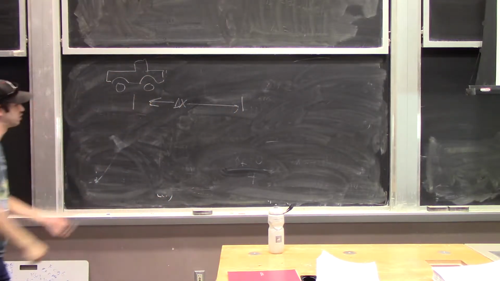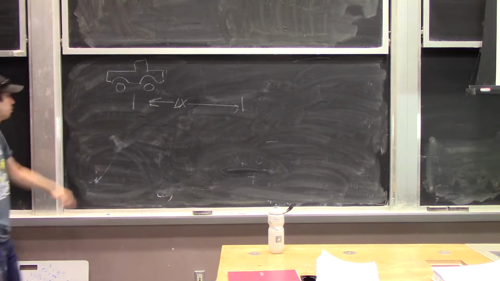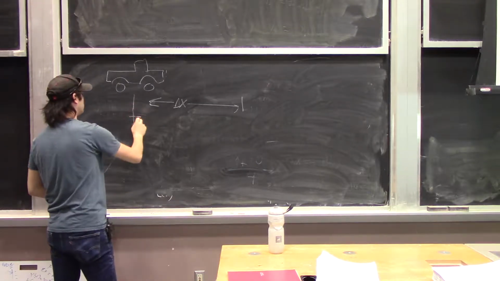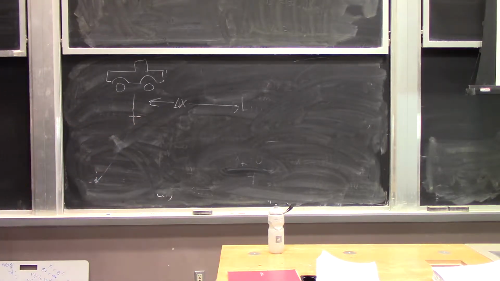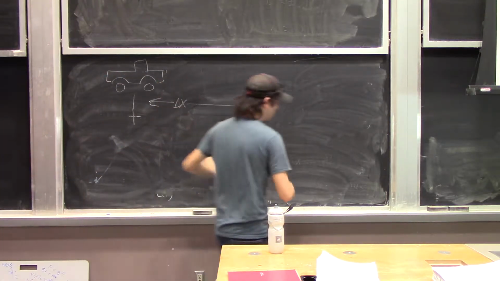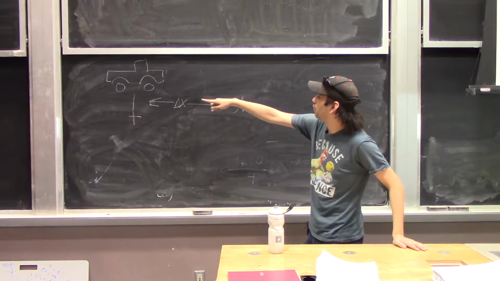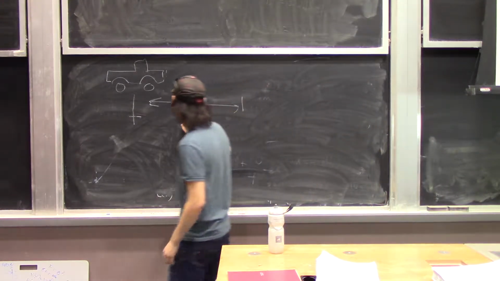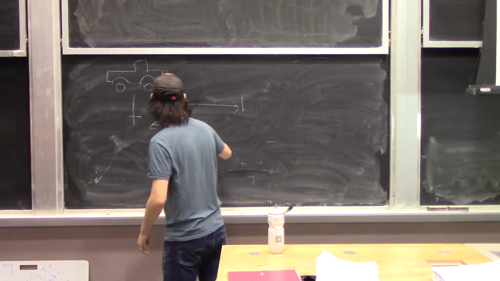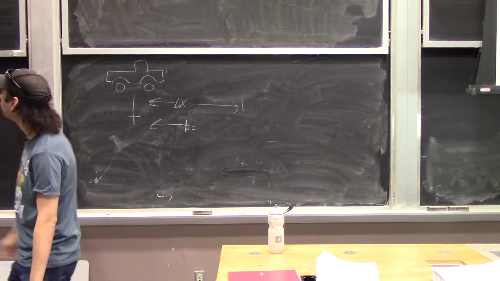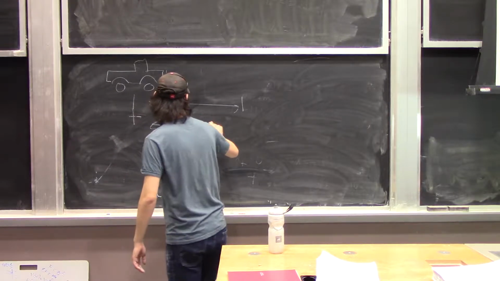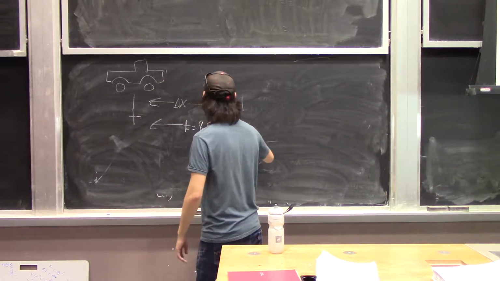The reason you can say x and delta x are the same thing is if I define a coordinate system, so this is 0, you're doing xf minus xi, but xi is 0. So this is going to cover this distance in some time, where that time is going to be 8.5 seconds.